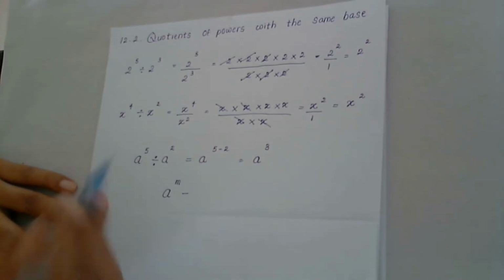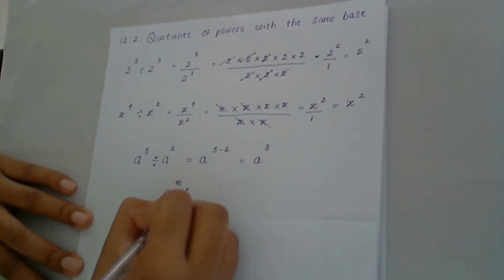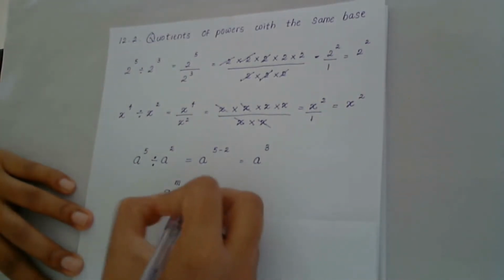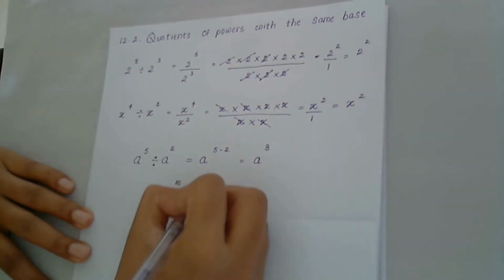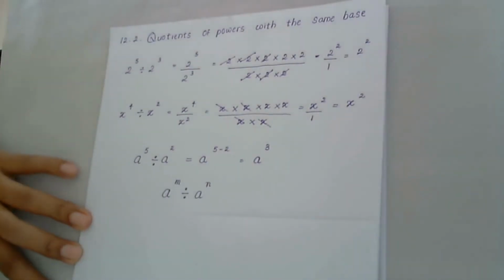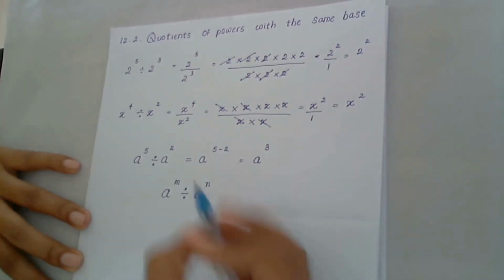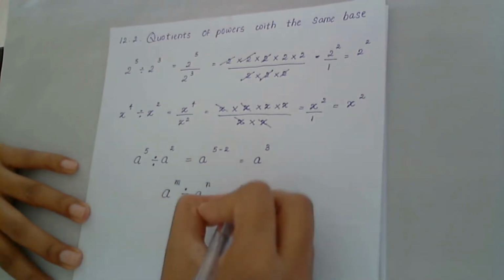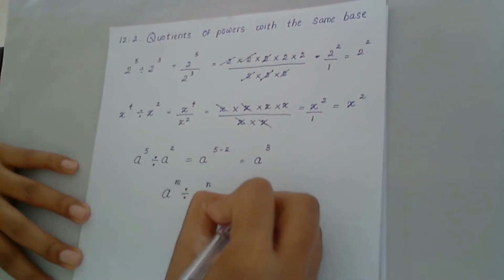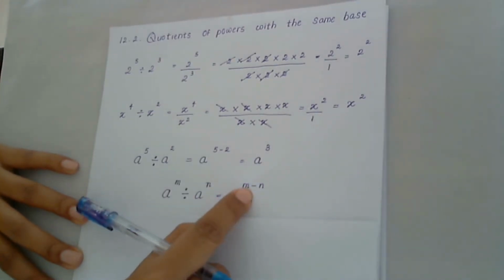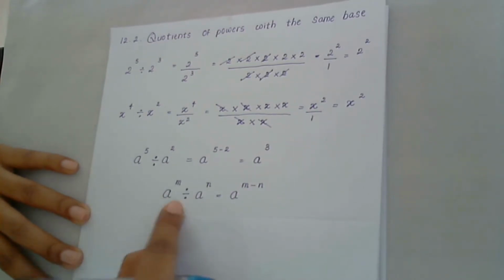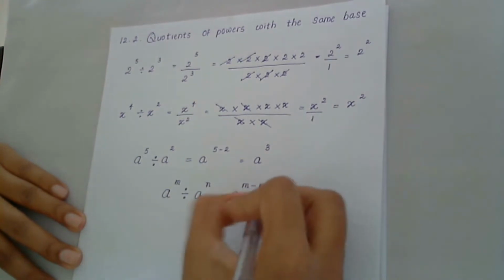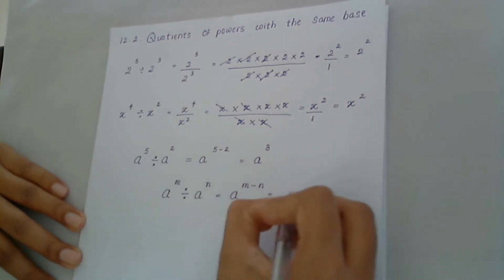It should be division, not subtraction. a to the power m divided by a to the power n. Then the value is equal to a to the power m minus n. Here it is subtraction. When we have a division between the powers, we have to subtract their indices.